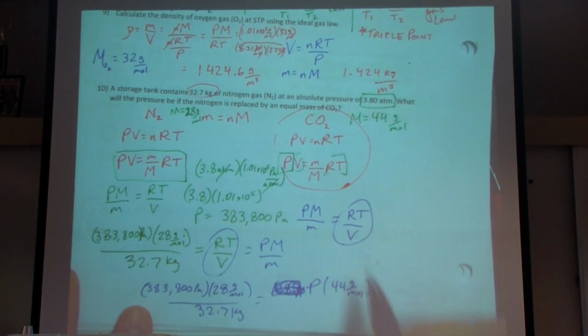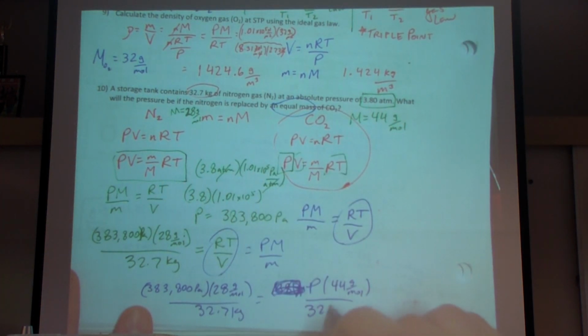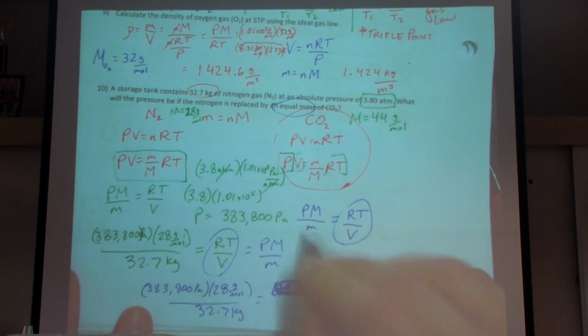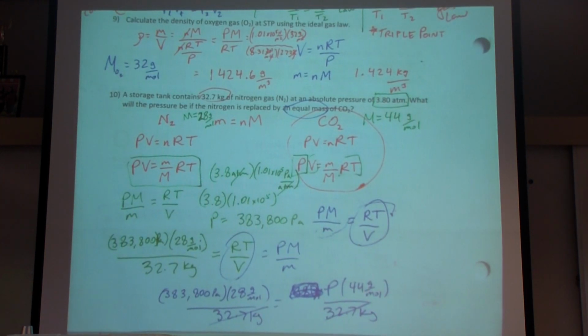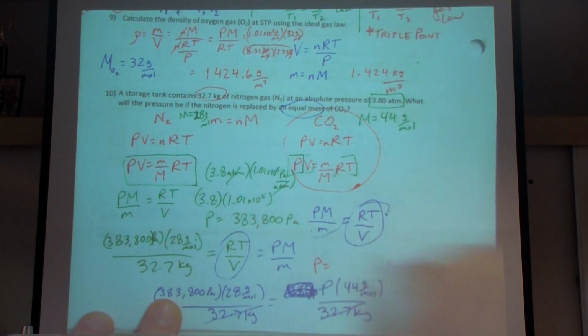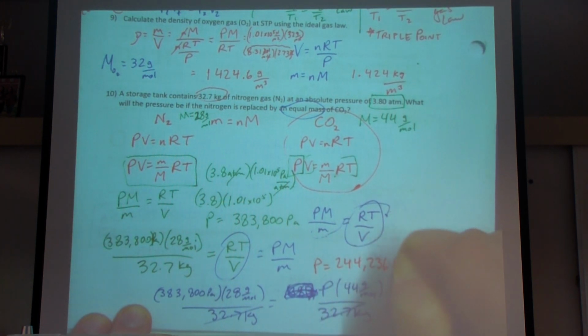And I believe it says the same mass, right? An equal mass, so also divided by 32.7. We could have even left this M over on the other side because they have the same mass, so that cancels out. The super complicated equation turns out to be not that complicated. And I end up with P equals 244,236 pascals.